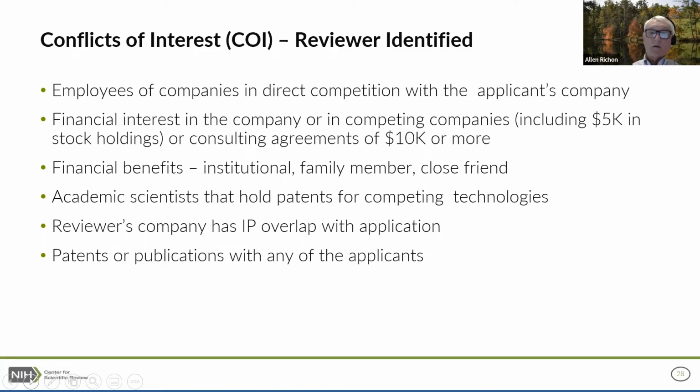If that sets alarm bells, you can talk to the SRO and say, okay, based on the conversation, I'm not comfortable reviewing this application, and we will put you in conflict. So there is, as I said, the three levels of removing or reducing conflicts of interest. Okay, so the next slide, please.